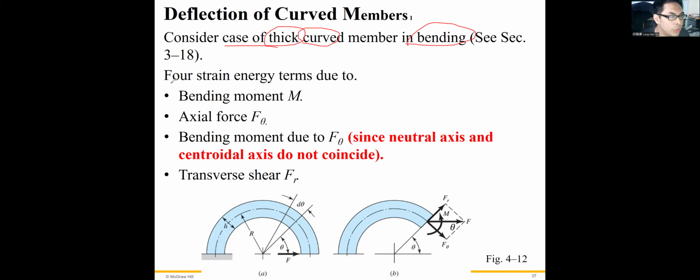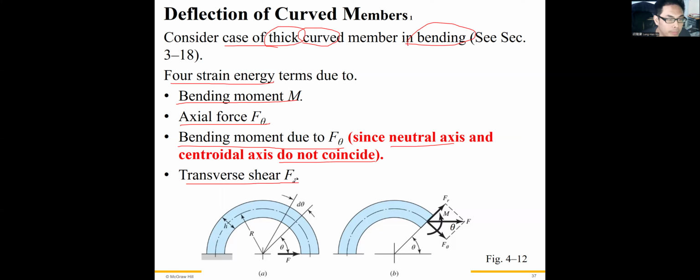There are four strain energies. First is the bending moment, the second is the axial force, and the third is the bending moment due to the axial force, since the neutral axis and the centroid axis do not coincide. And the last one is the transverse shear.